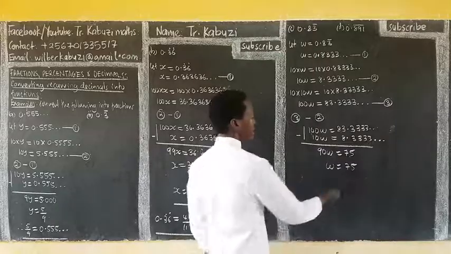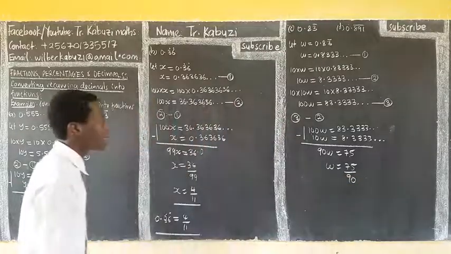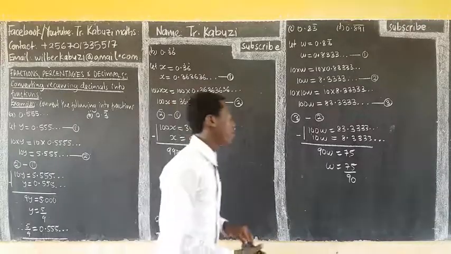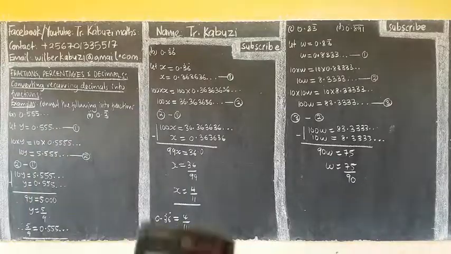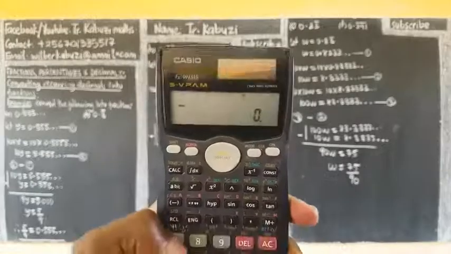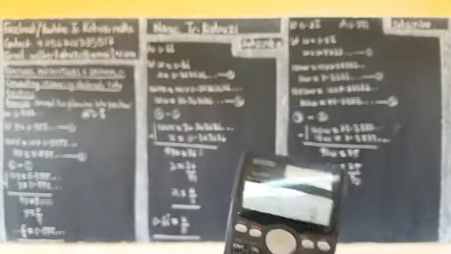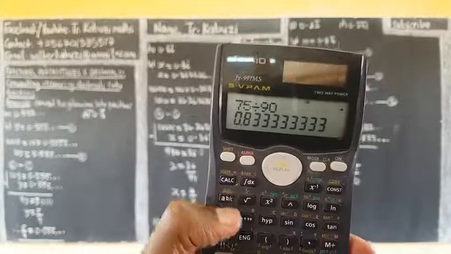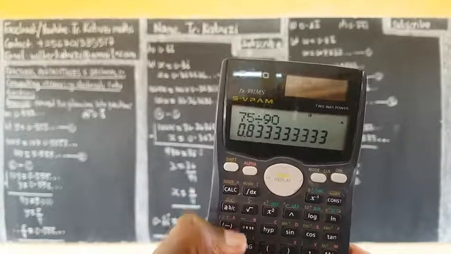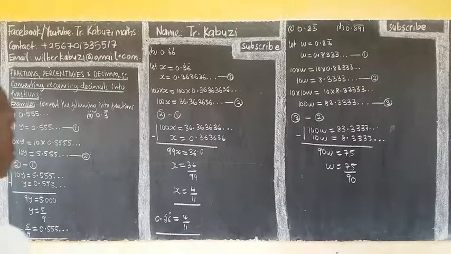When I told you how you place this, you just get that value. You say 75 divided by 90, then you press equals. Then you press this button A B over C, and you see they have simplified the answer for you already.